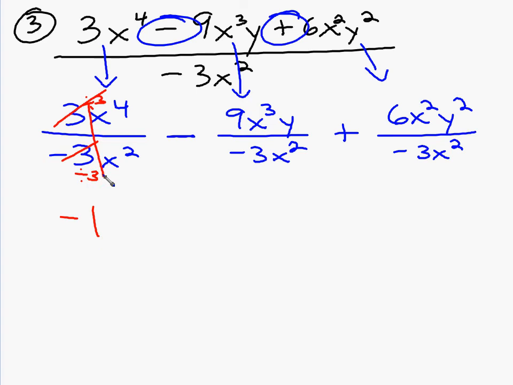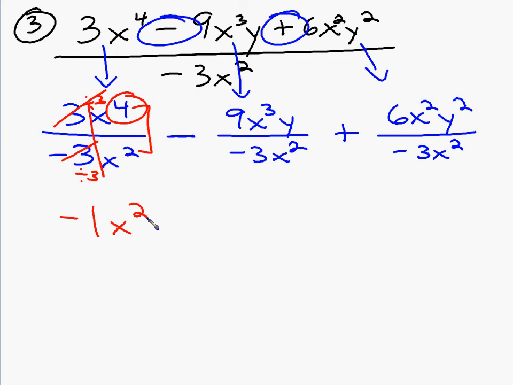I just subtract my 4 minus 2, which is 2, and I have an x squared. So should that x squared go on top or bottom? No, it goes on the top because the greater power is on top. So I don't have to put it in the denominator. I just have negative 1x squared.